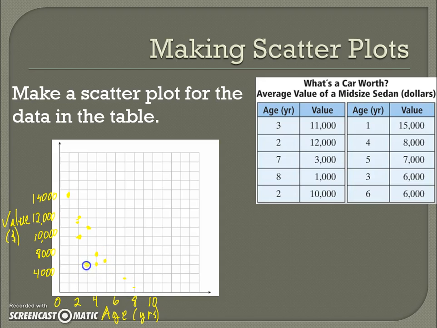Whoops, I want you to go here. And then 6 and 6,000. You'll notice that there's kind of a downward trend that's taking place here. This is just a matter of plotting these different points, making sure that you label your axes correctly. Yeah, so that's what a scatter plot looks like. It's just putting dots on the graph according to where these points are.